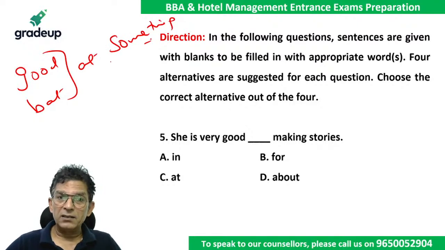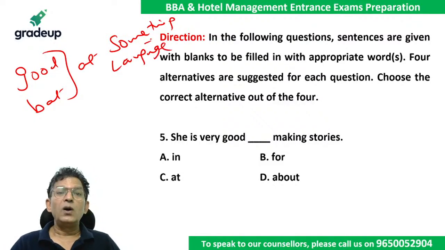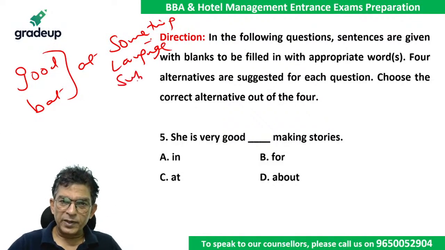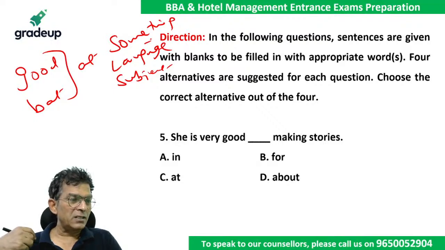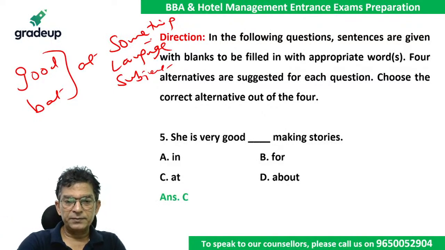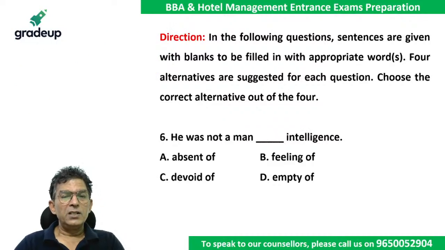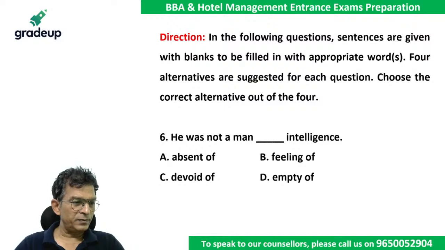Okay, a skill, a language, etc. Or a subject. Good at mathematics, good at cricket, good at linguistics. Okay, we say good or bad at something. Good, very nice. Sixth, he was not a man dash intelligence.